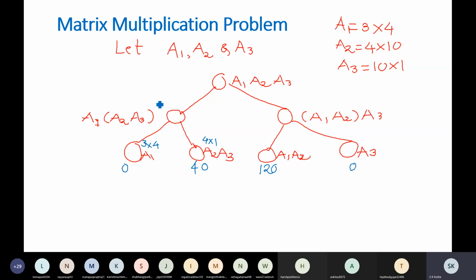Now come to this node: A1 multiplied by the A2, A3 result. What will be the dimension of this first? 3 by 1.